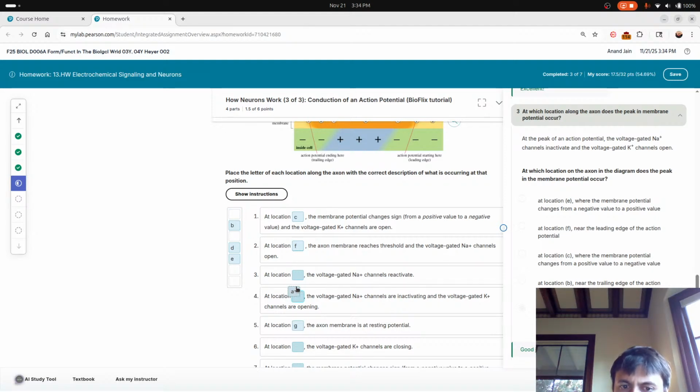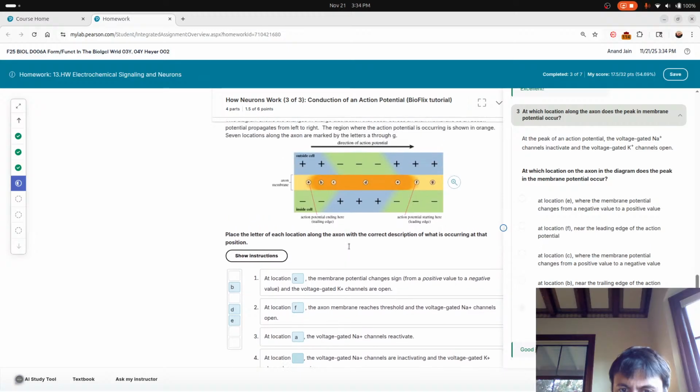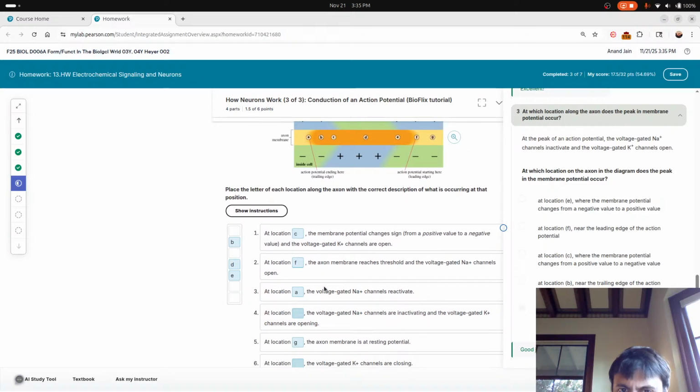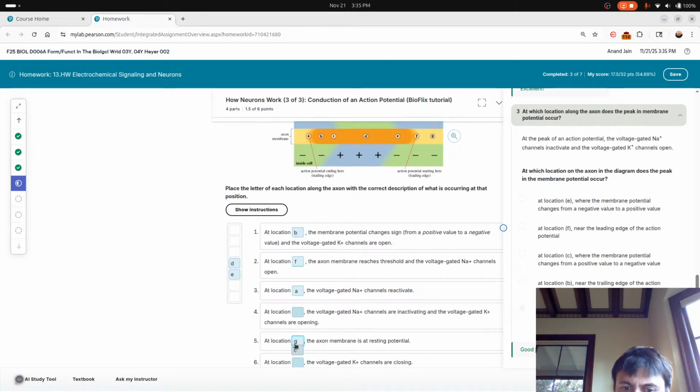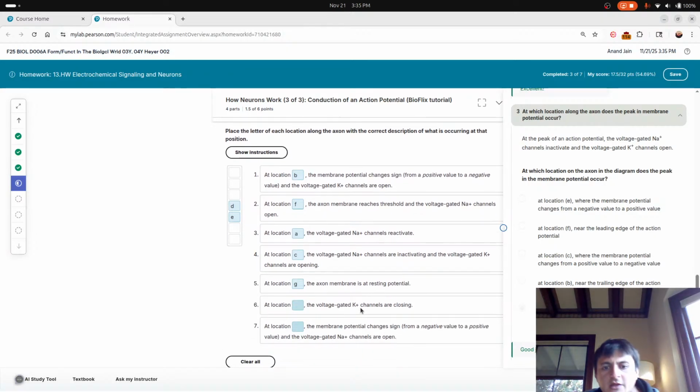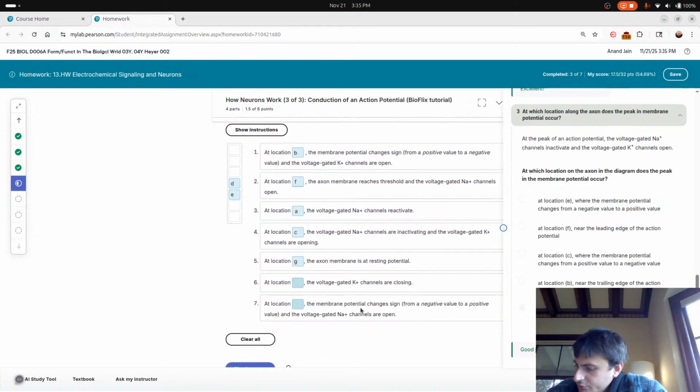Probably at location A. This is actually probably B. And then this is probably C. The potassium gates close in the overshoot, which is super negative.